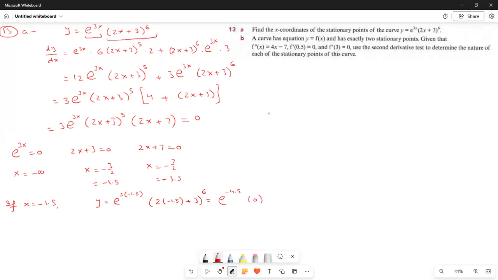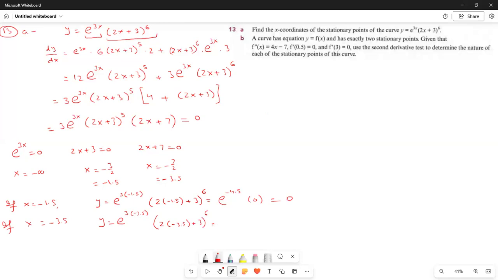So this is 0. And if x is equal to minus 3.5, then y is going to be e to the power 3 into minus 3.5 and into (2 times minus 3.5 plus 3) to the power 6.